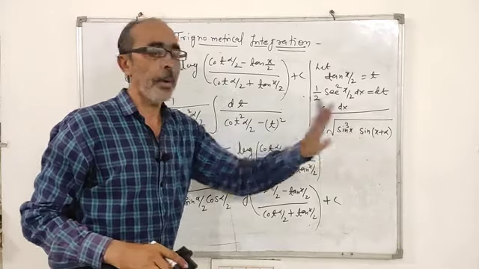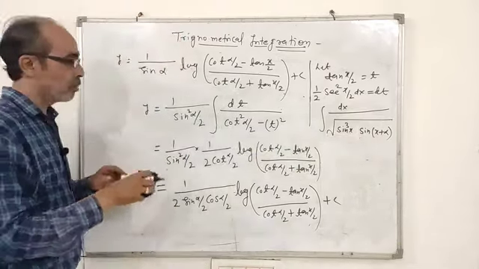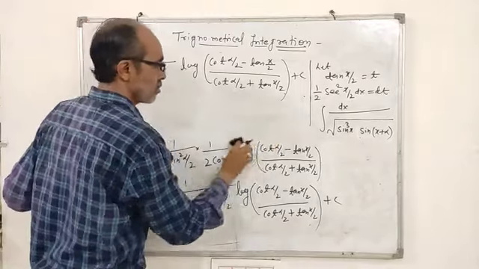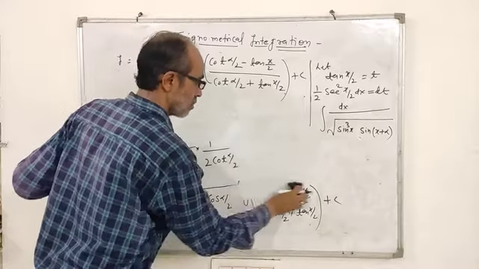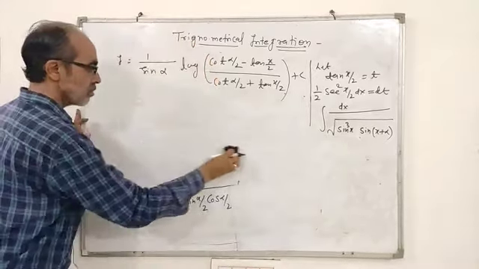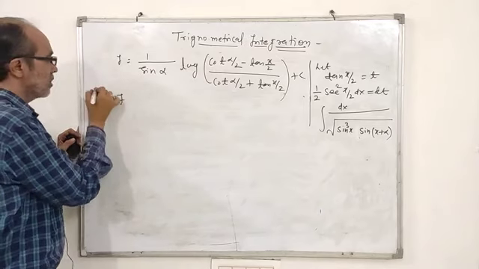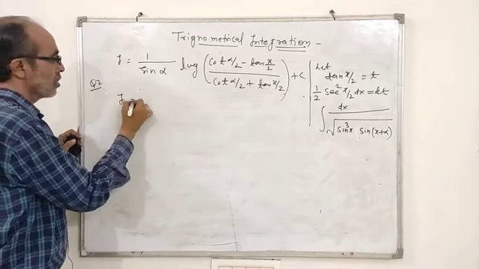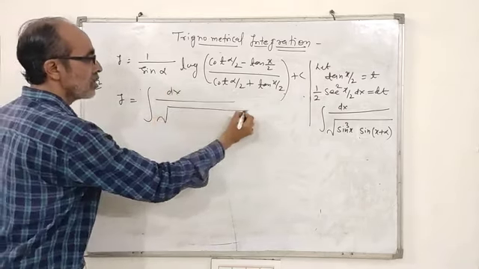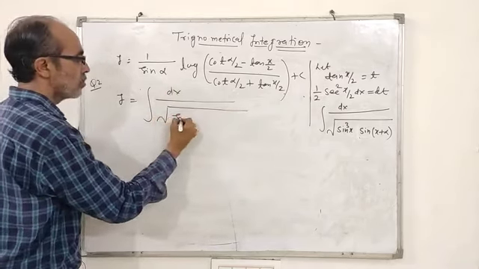the integral of dx divided by root of sin cube x sin of (x plus alpha). So we solve question number 2. The integral is dx divided by root of sin cube x and sin of (x plus alpha).